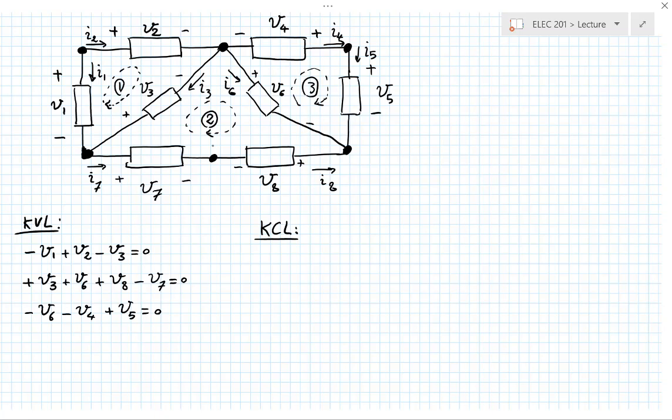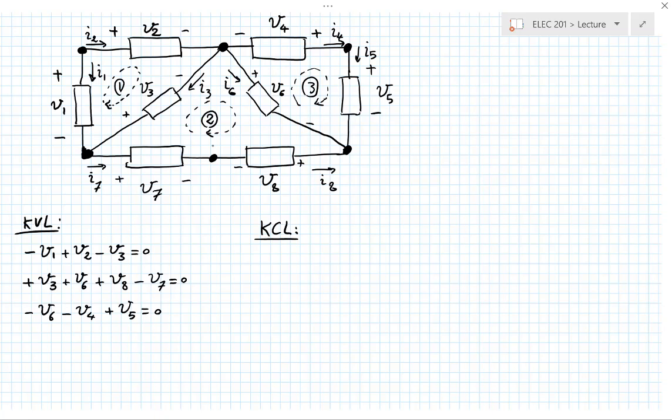I1, if you look at the top, I1 going through the element number 1 is going down to this loop. So it's heading toward the loop, the way I have chosen its direction. So is I3, if you follow its path. And I7 is actually leaving the node.